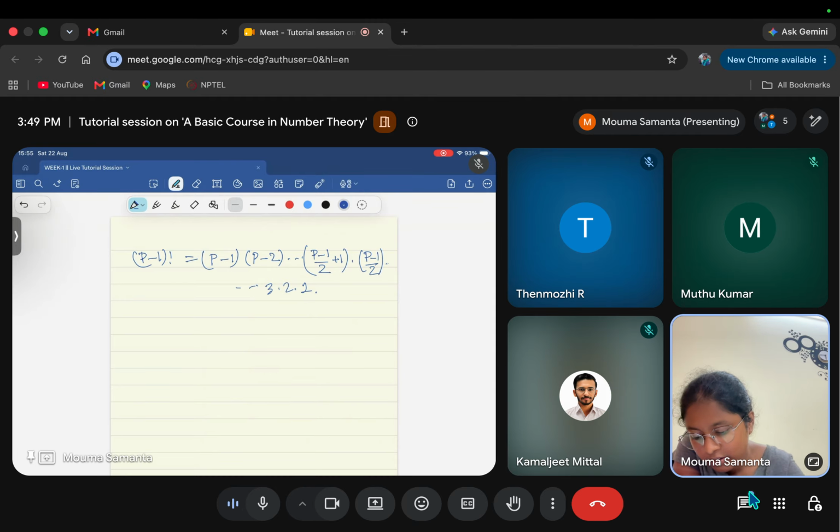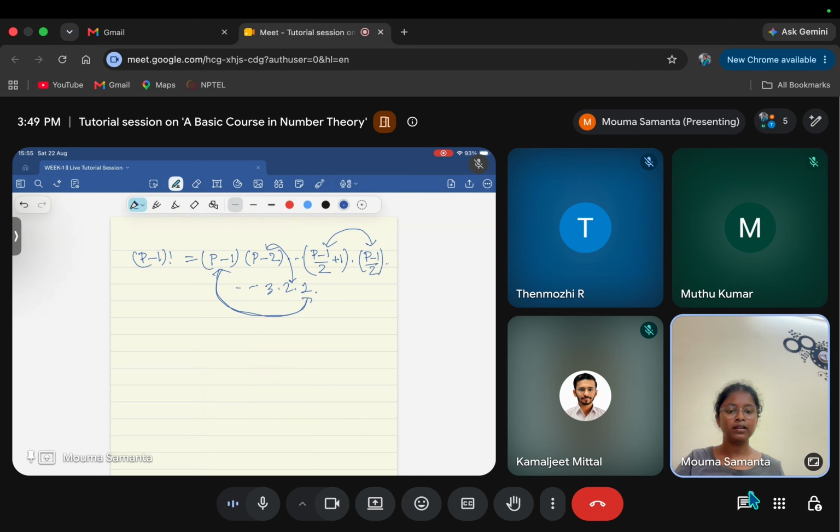Now combine, pair these two things: p minus 1 with 1, p minus 2 with 2, and p minus 3 with 3, up to (p minus 1)/2 plus 1 with (p minus 1)/2.